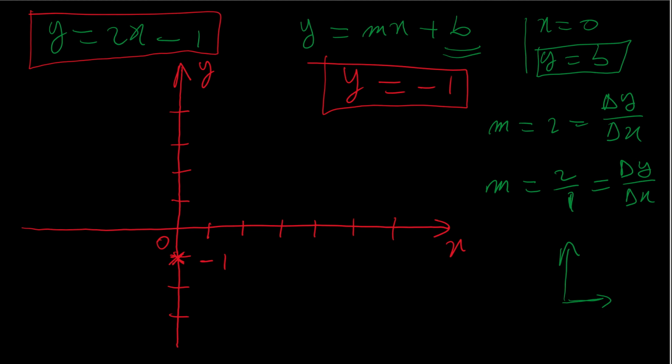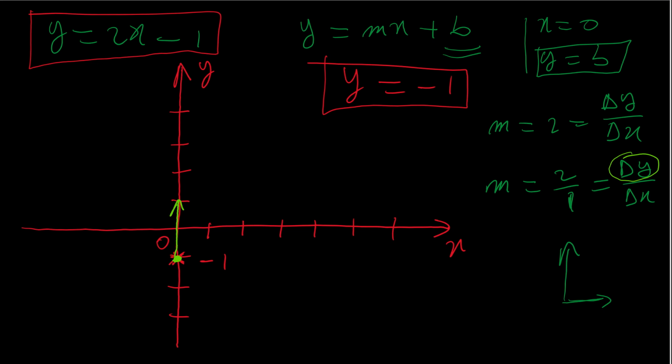Then from that point, this is how it works. You go from the y-intercept, which is -1, up, because the change of y is positive. So you go up by 2. If it was negative, you would go down from the y-intercept.